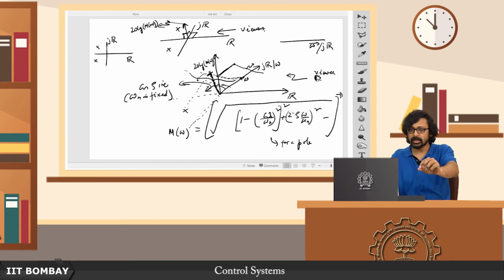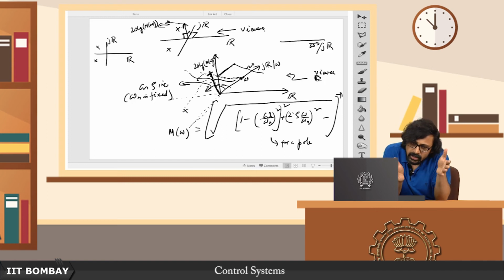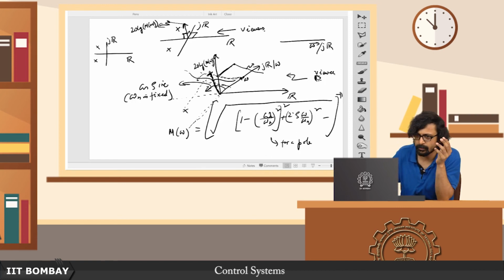And the explanation that I have just given is, as the distance from the imaginary axis increases, what impact does it have on the magnitude of this function? Because remember, there is a to the power minus 1 here. So because of this to the power minus 1, as the distance increases, this value decreases.